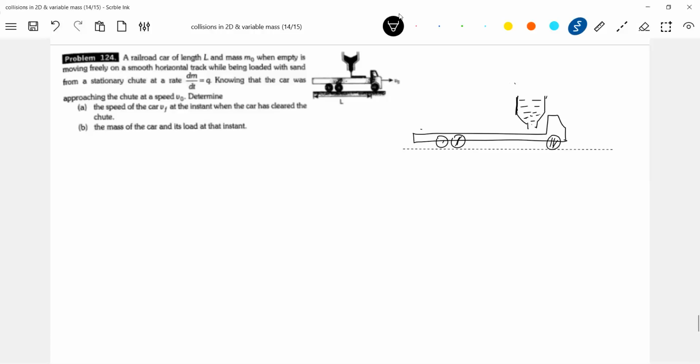So this is fixed here. Let the initial mass of the truck be m naught. Already we have discussed this problem.